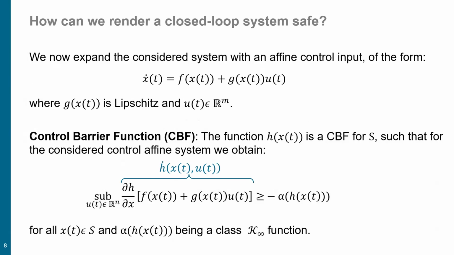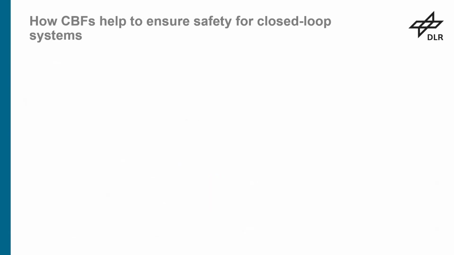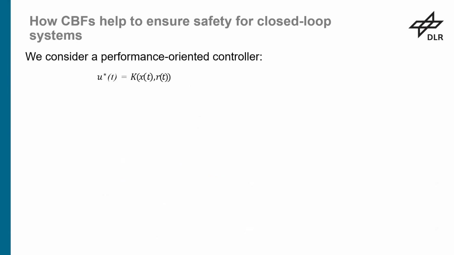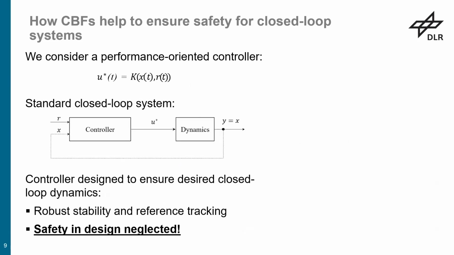And this can be actively used in a control setting, meaning imagine you have your performance-oriented controller, right? Something you just use. You want to track a reference, you want to stabilize the system, and you just design it. But you're not able to design it with respect to so-called safety, right?